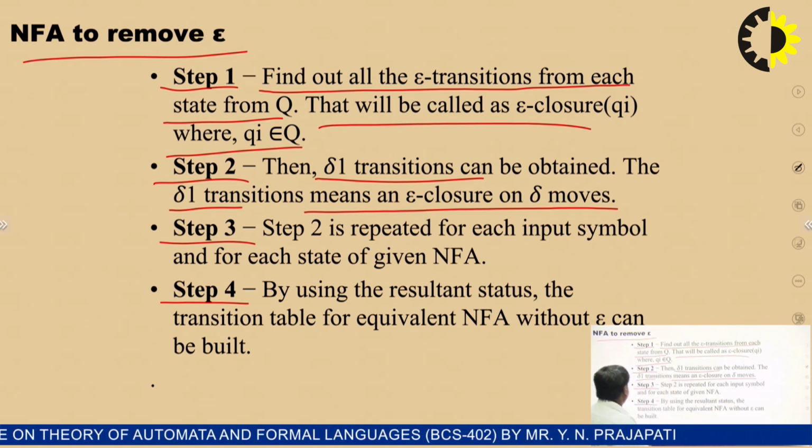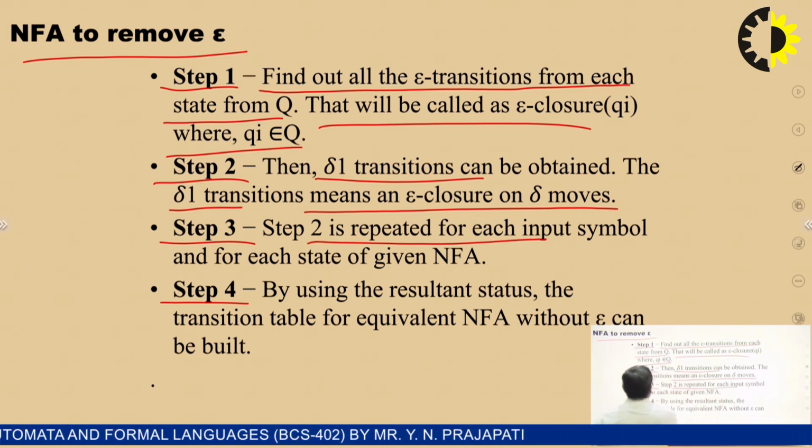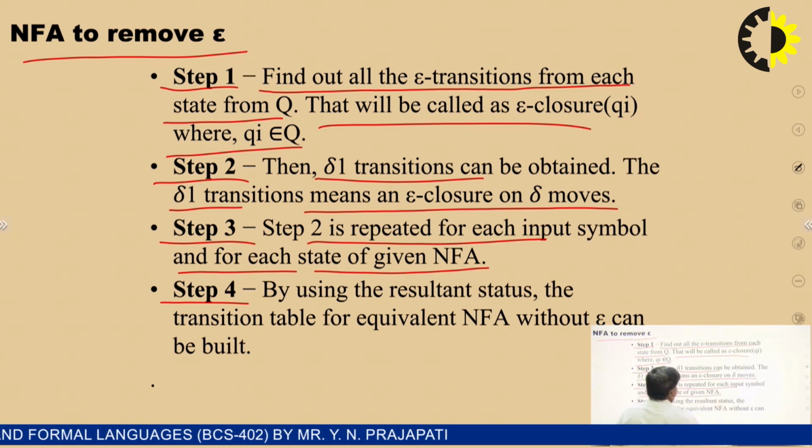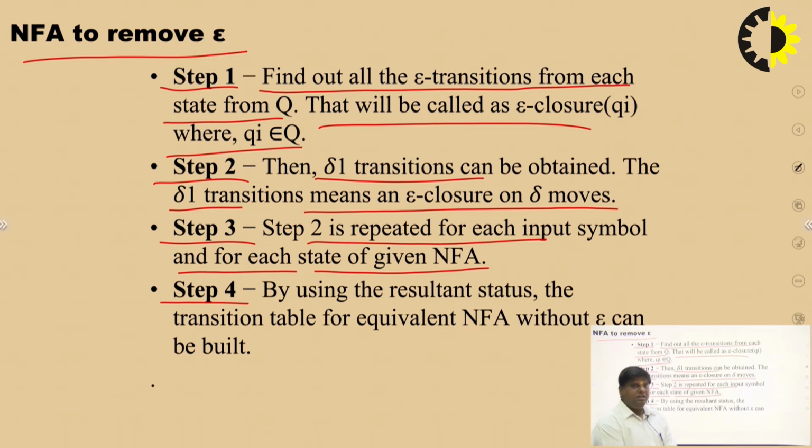Now, step 3: step 2 is repeated for each input symbol and each state given in the NFA, and in step 3 we repeat step 2 until we get the final NFA. In step 4, by using the resultant state transition table, we draw the equivalent NFA without epsilon.